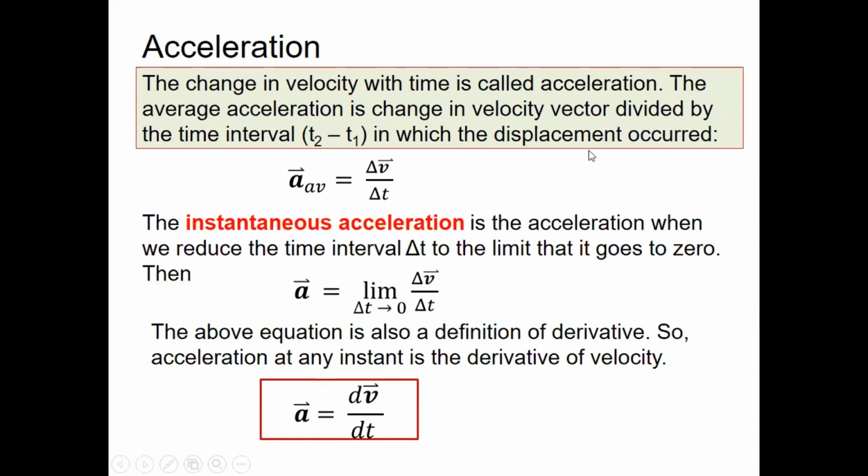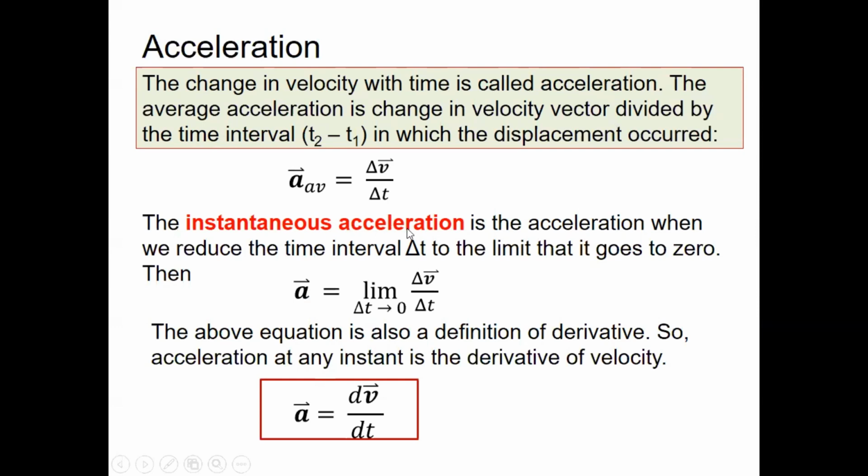So average acceleration is shown by a bold letter and a line on it, which tells us that this is a vector quantity, and it is given by delta v, the difference of the two velocities, divided by delta t, which is the difference of the two time values. So during the time interval delta t, what is the change in velocity, that is delta v, then the average acceleration is delta v over delta t.